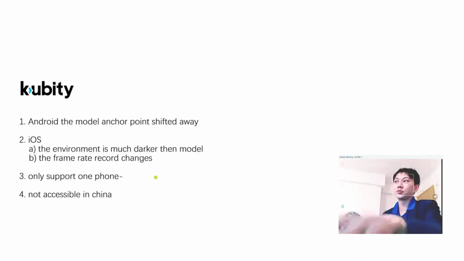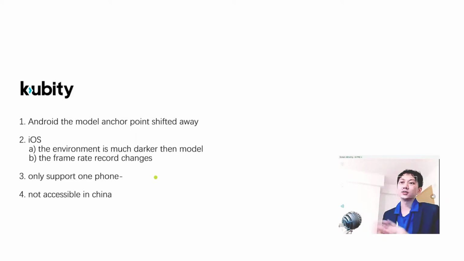As for the pros and cons, Qubity is one of the few apps where we find the rendering quality quite good. If you use SketchUp, it actually has good textures, although it looks a bit cartoonish, but it gives a real enough texture. People know that, oh, this wall is a brick. So SketchUp gives you quite a good experience of that.